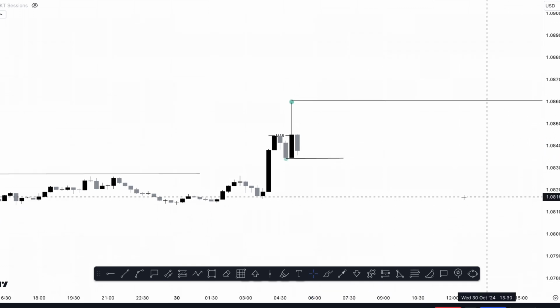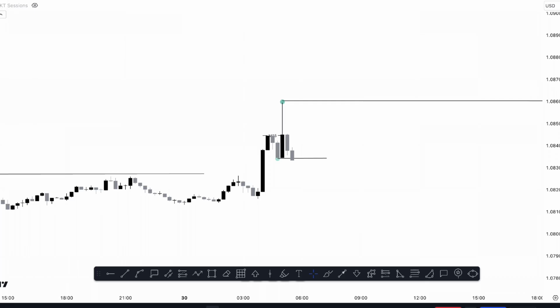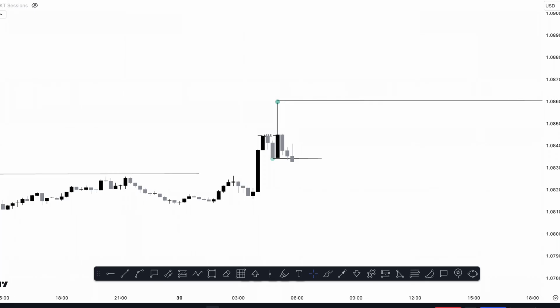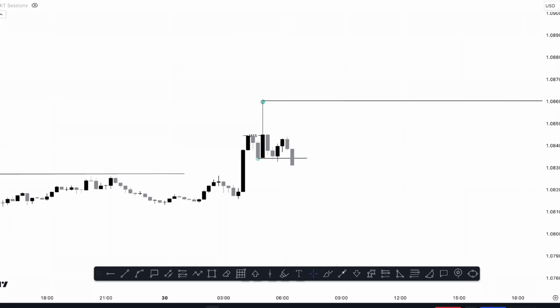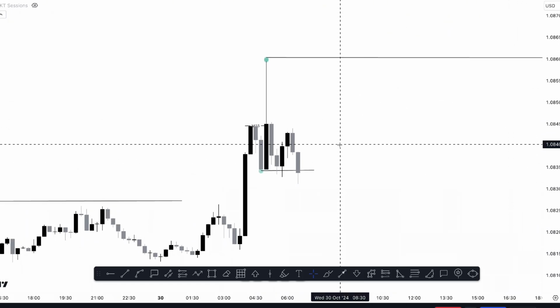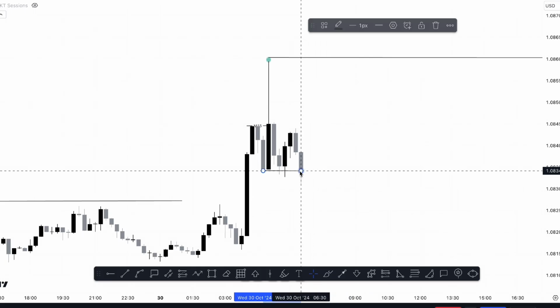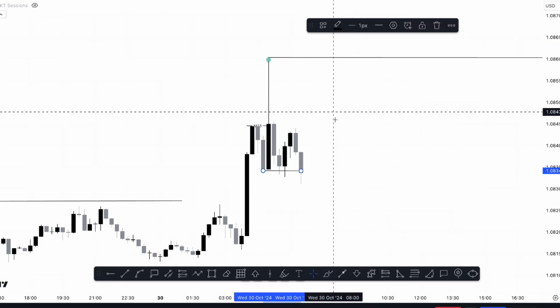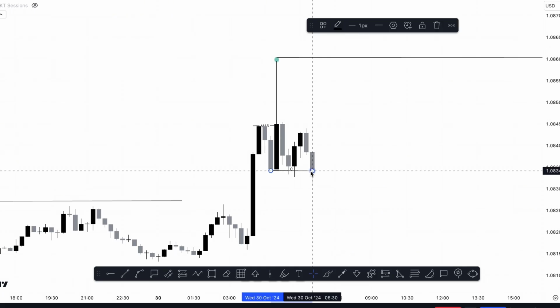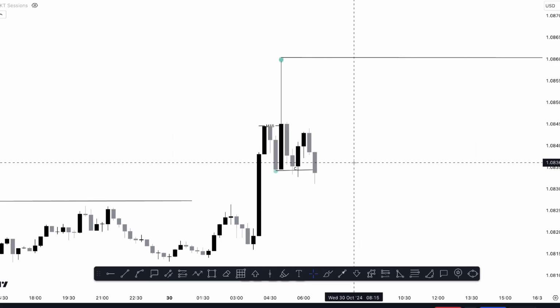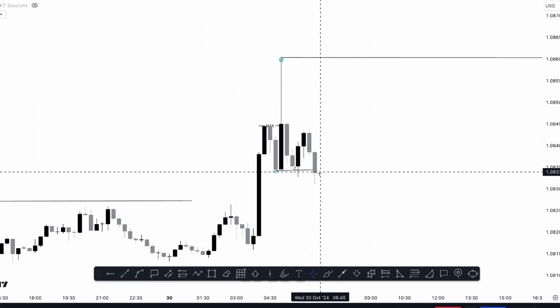And that's when I pretty much just wait to get that break of structure on the 15-minute, which is this line right here. And that's when I get my structure break right here. This would have been my change of character on the downside, but I don't want to just sell here.